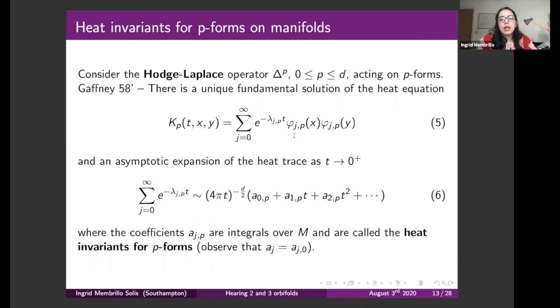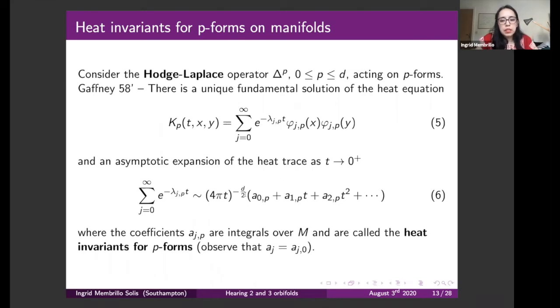Here the eigenvalues and eigenfunctions are also indexed by the value of p, which is just the p-form we are looking at. And there is an asymptotic expansion of the heat trace as t tends to 0, which is given by this expression as well.